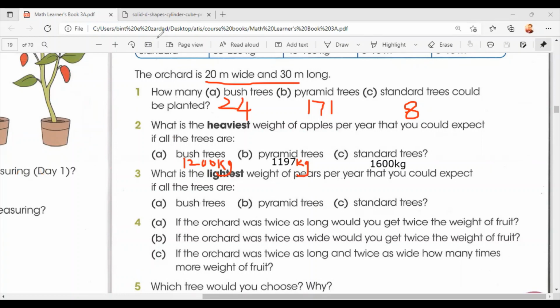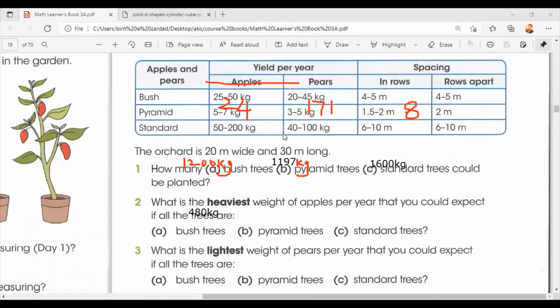480. So how many kg does the bush tree bear? 480 kg in 1 year. And same like this, if you're multiplying 171, you need to multiply 171 with the 171 multiply by 3. Yes, the light weight.